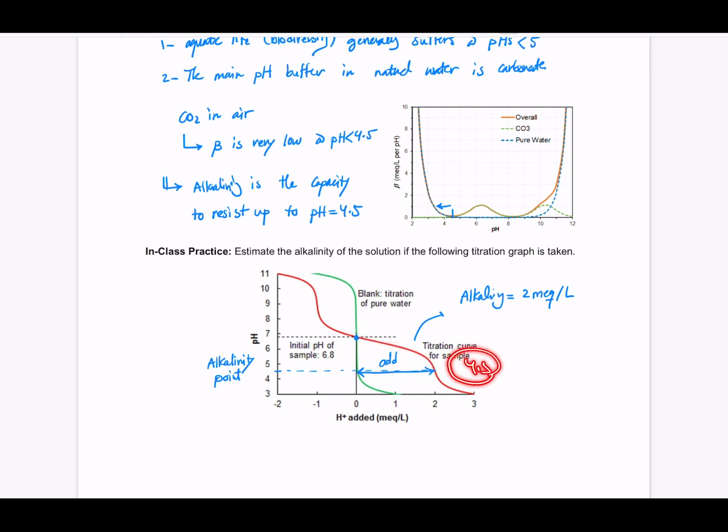This is the threshold of alkalinity. How much you add is basically equal to the amount of alkalinity, the acid-neutralizing resistant capacity, which is alkalinity. So again, it's a kind of buffer capacity, but for a specific case. As you see, this is very important when it comes to mixing.